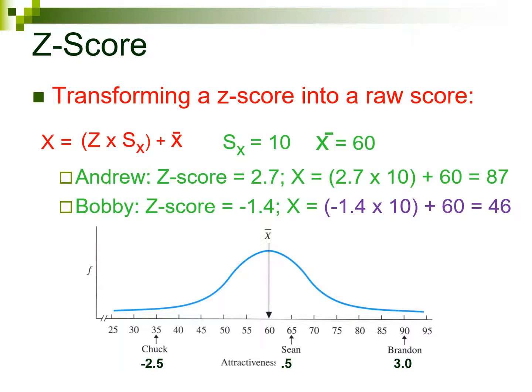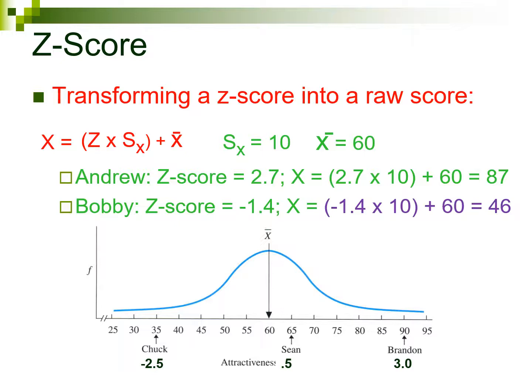Now, I want to stop for a minute and put some of these numbers into perspective. We've been talking about transforming raw scores into z-scores, comparing z-scores. How does this all come together? Well, what I want to look at is how Andrew's and Bobby's z-scores and raw scores compare to these other scores in the distribution.